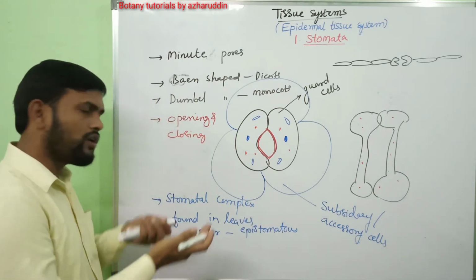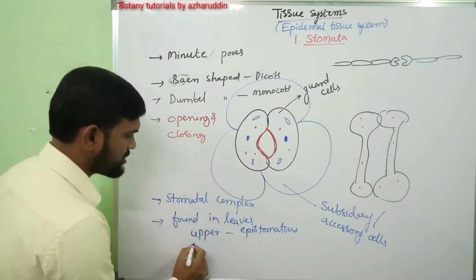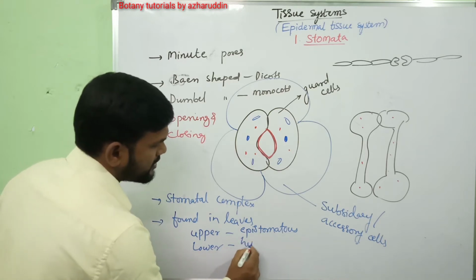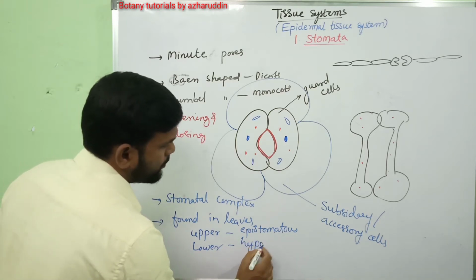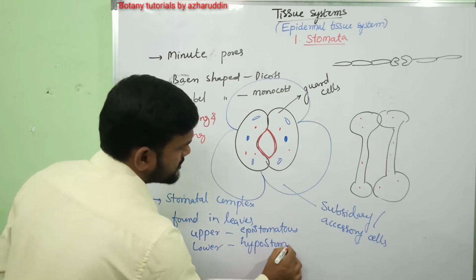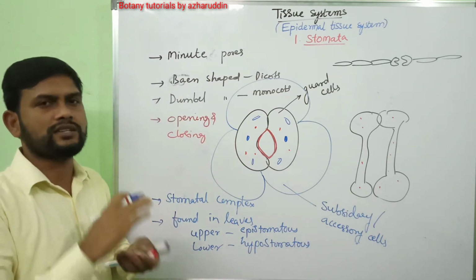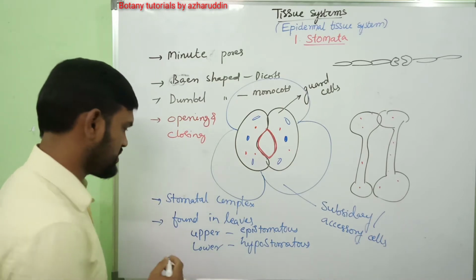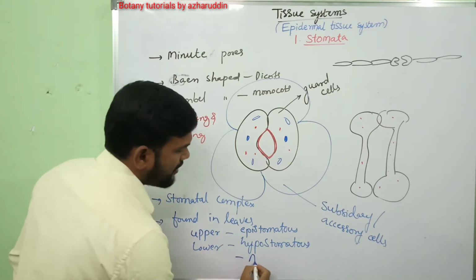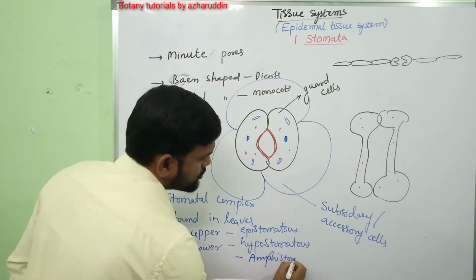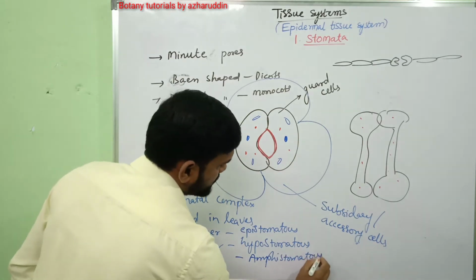If they are found in the lower epidermis, those leaves are called hypostomatous leaves. If they are present on both upper and lower surfaces, then they are called amphistomatous leaves.